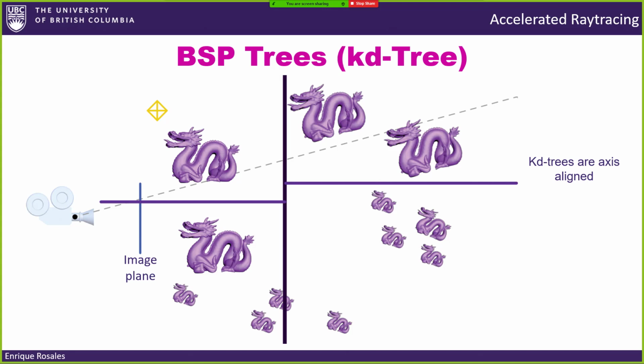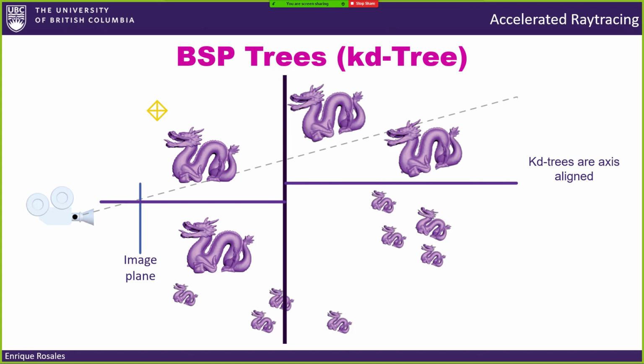Again, remember you have the coordinates of your scene, for example, all your triangles. In a KD tree, what you usually do is find the mean value, for example, in X, and take that value to cut everything in half on the X coordinate.